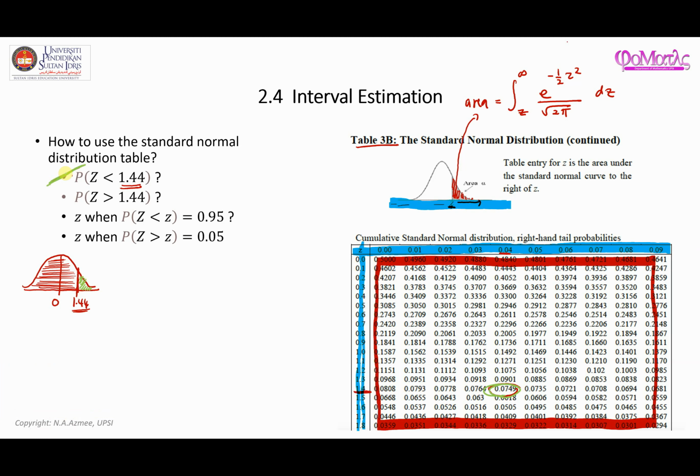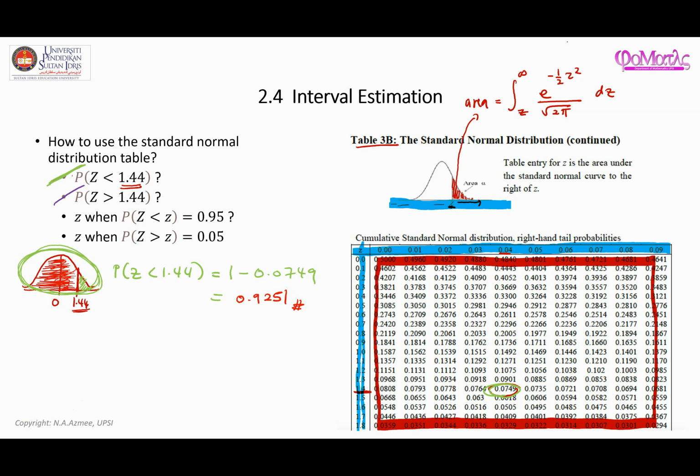So in order to get the answer, probability z less than 1.44 must be equal to 1, because the area under the curve is 1, minus 0.0749. The answer is 0.9251.